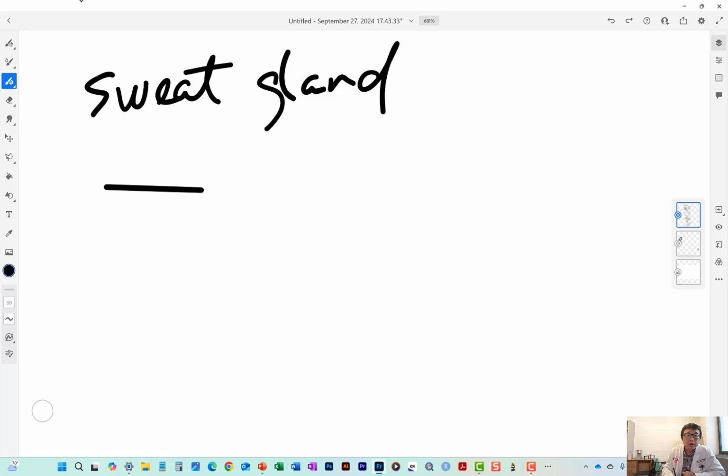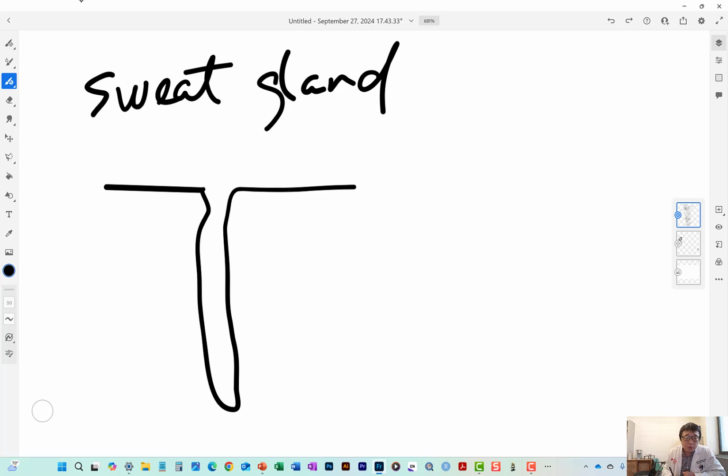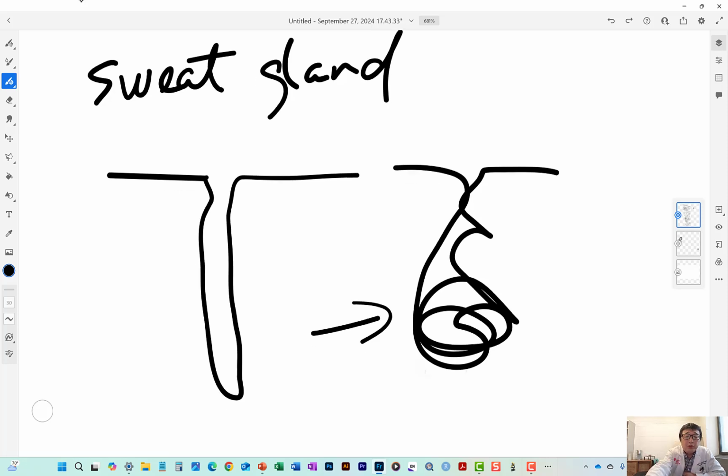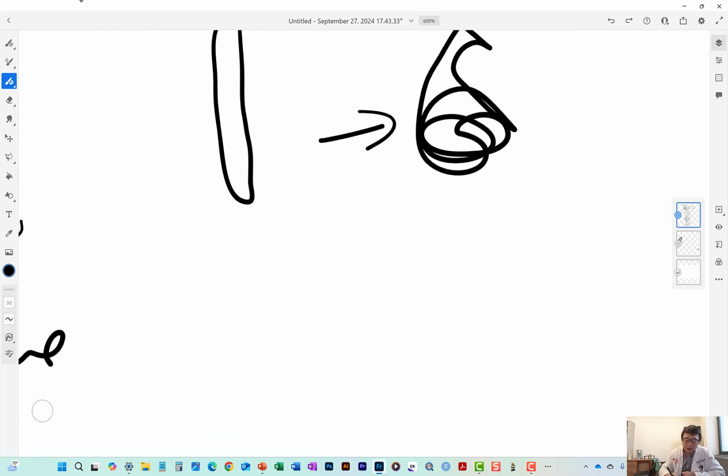Oh, interesting, the epidermis is getting in. It infolds into the dermis, and when it gets in, it becomes longer and longer. Eventually, it forms a convoluted tubule inside the dermis, and this becomes a gland. Even though the gland seems like a ball, actually it's more like a tube forming a ball.